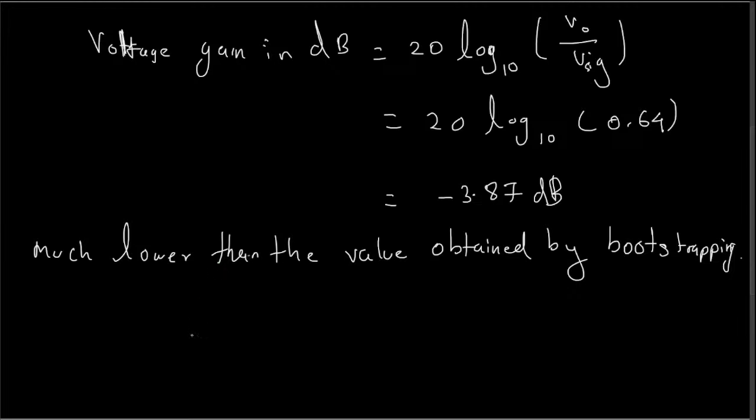This is due to lower R_in. Bootstrapping raises the component of input resistance due to the base biasing network.